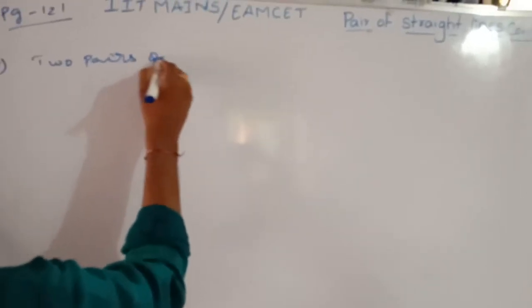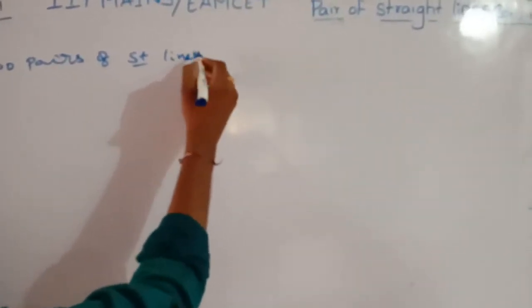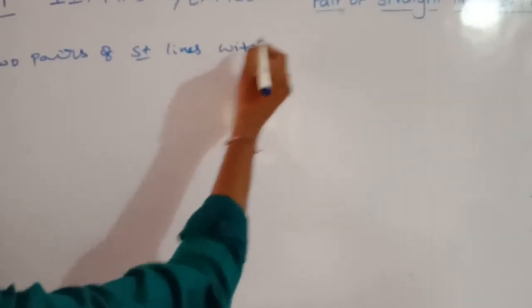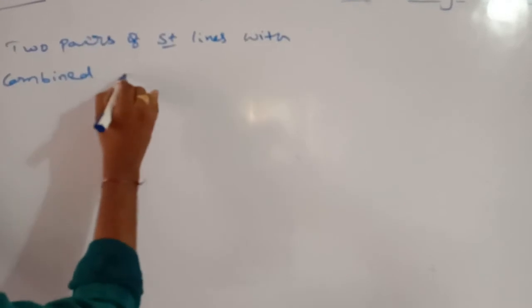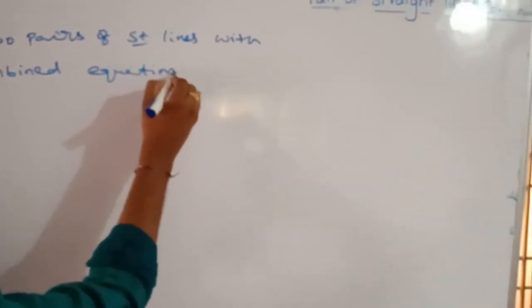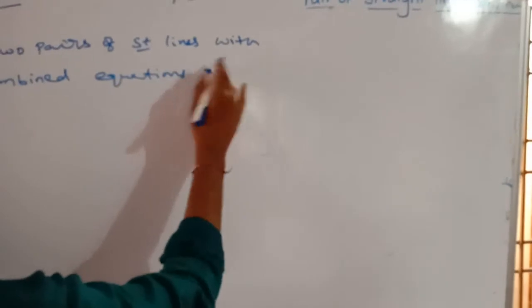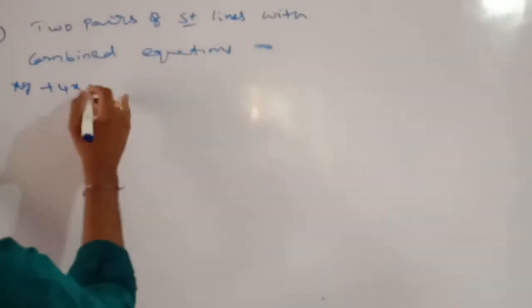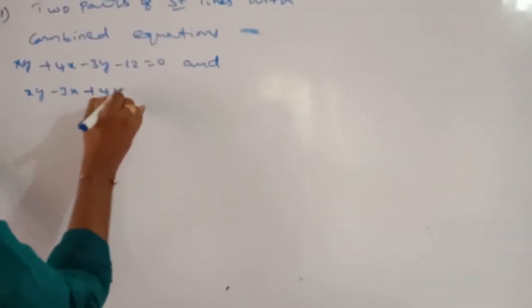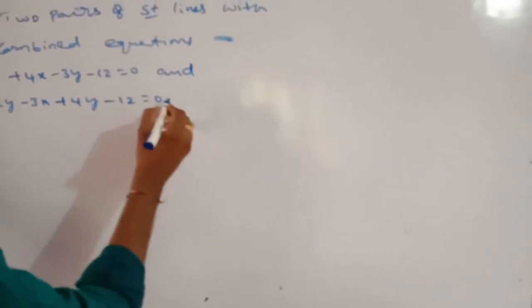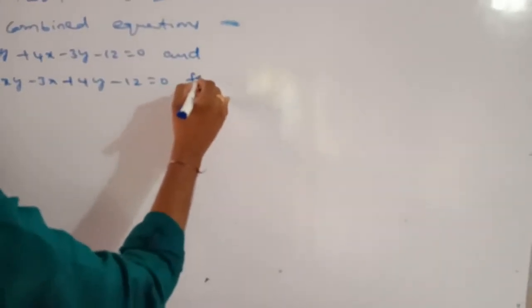Two pairs of straight lines with combined equations xy plus 4x minus 3y minus 12 is equal to 0, and xy minus 3x plus 4y minus 12 is equal to 0 form a square.